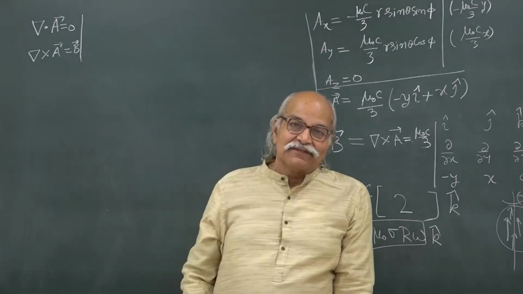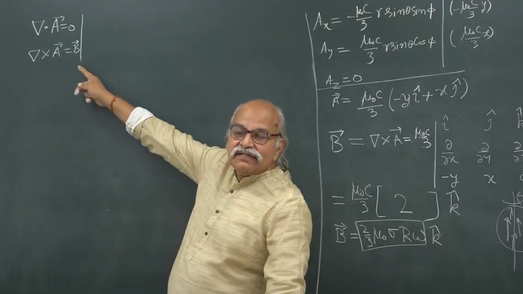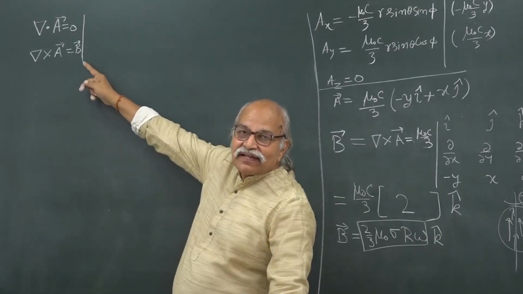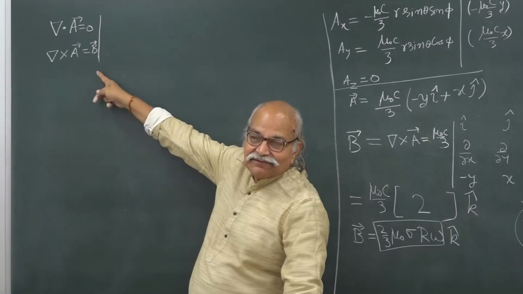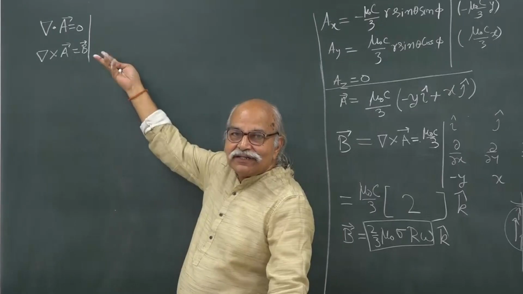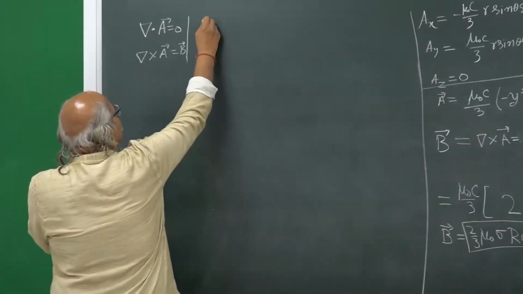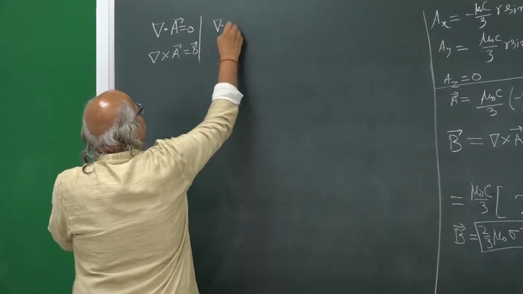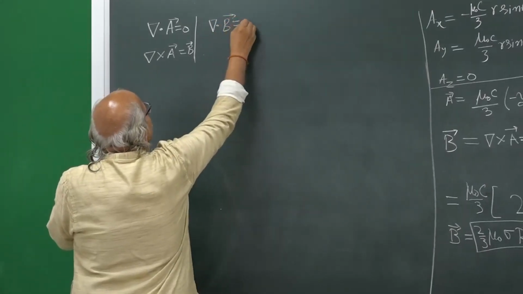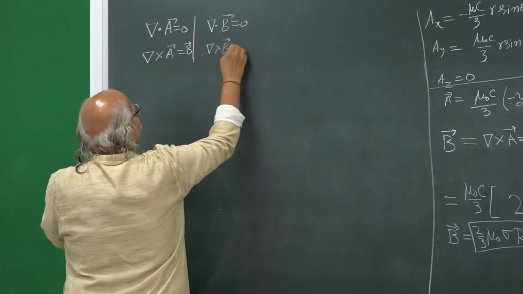So, we know that anyway. So, once we know these two, the field is uniquely specified in the entire region for which you are doing it. So, that is why if you can handle these two, it is sufficient. And for magnetic field, the equations are divergence of B is 0 and curl of B is mu naught J.